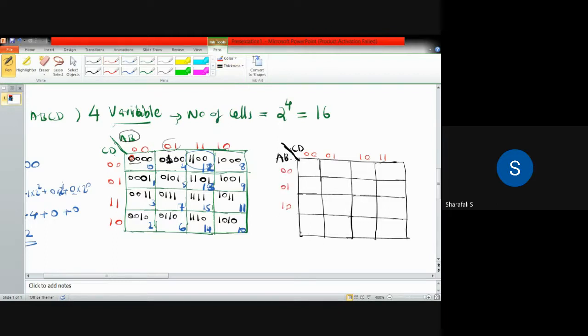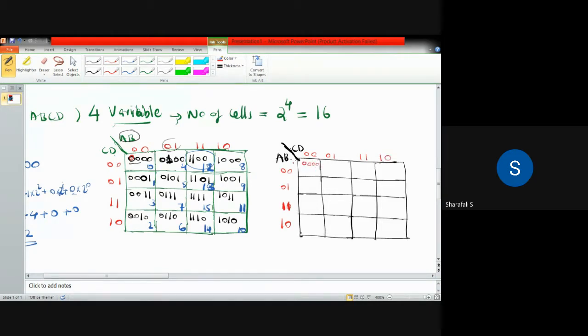Sorry, not 1, 0. It should be 1, 1 here, and this is 1, 0. So I'm making the same mistake. So this is 1, 1 and 1, 0. So this one is 0, 0, 0, 0.